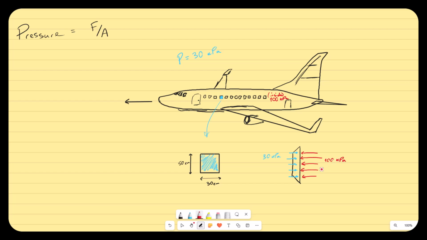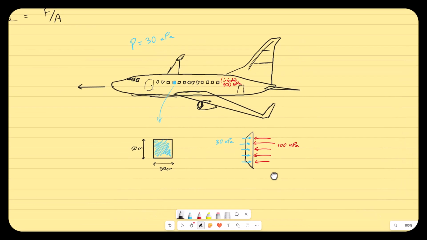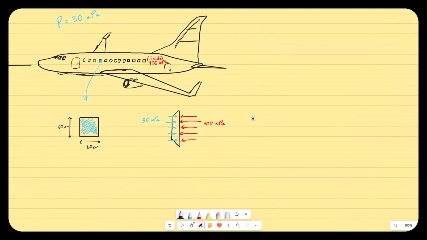And the air is pushing on there, so the net force on this window is going to be directed outward. The net pressure on the window is going to be 100 kilopascals minus 30 kilopascals is 70 kilopascals.